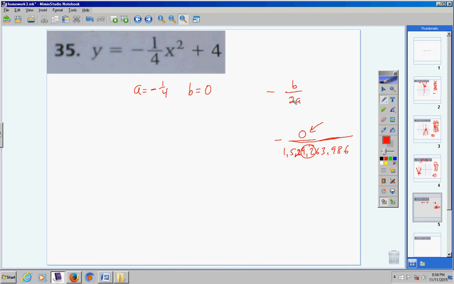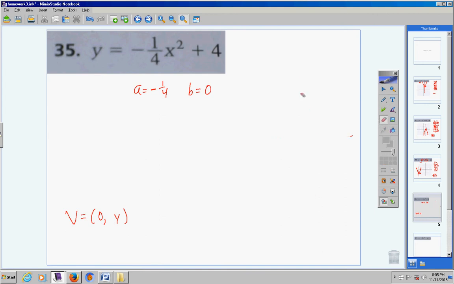But obviously your denominator is not going to be 0 because a is negative 1/4. You're going to put a negative 1/4 here, so you're going to have 0 over some number. So I know when I simplify this, my number is going to be 0. So my vertex so far is 0, comma, and then something for y.